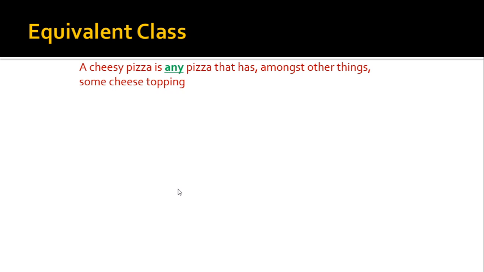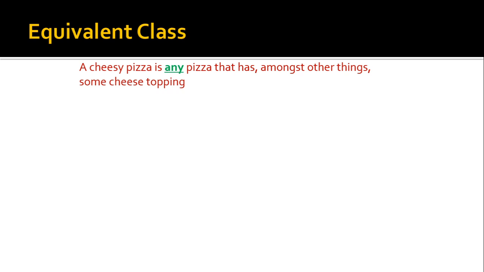Now, coming to the equivalent classes. Let us have some examples where we define the classes to be equivalent. There will be certain cues in your statement which will help you to decide which kind of formalism you want to use.